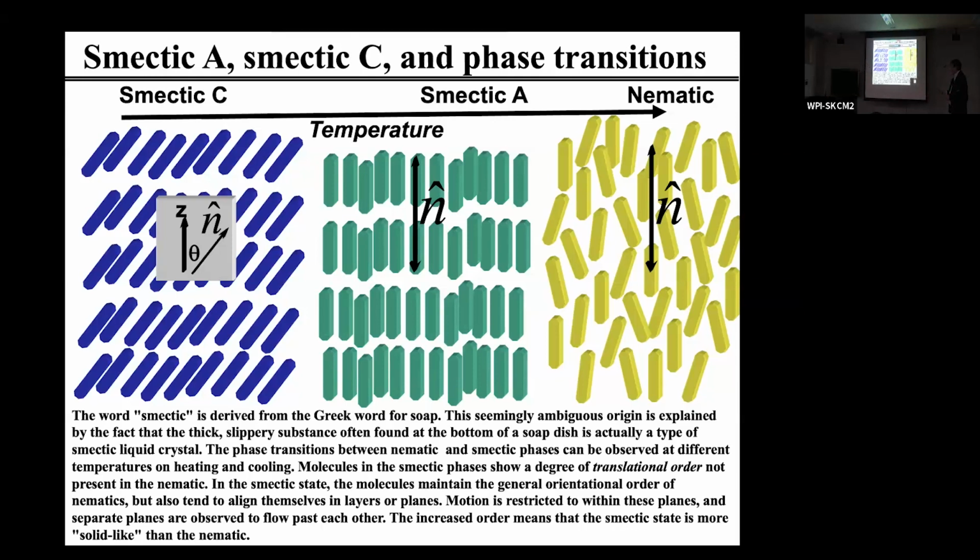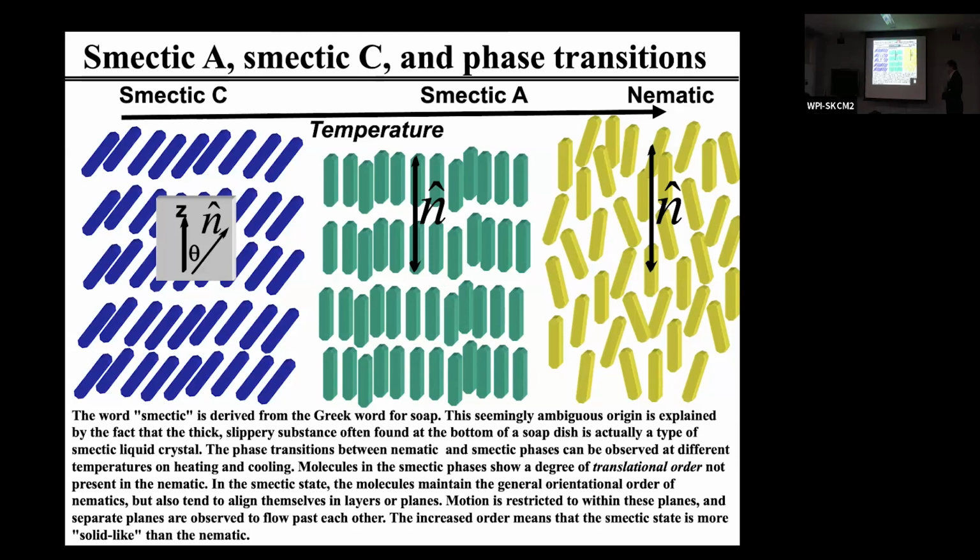And first, for example, you could go to this smectic C state, right, that has molecules tilted relative to the normal, to the planes of the layers, but free to move relative to one another within the layers. And then as you increase temperature further, it can go to smectic A phase, where the molecules are also along the normal to the layers.